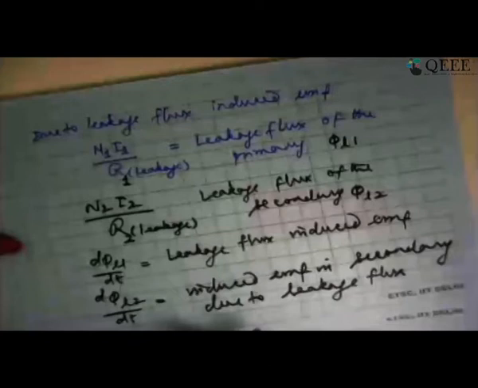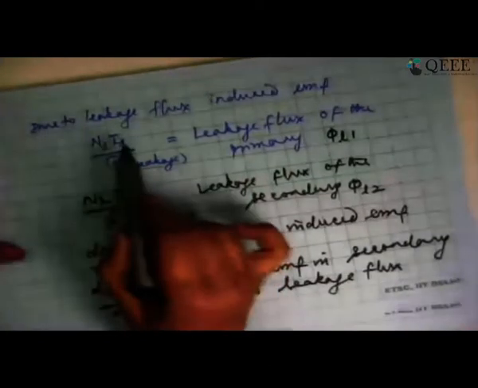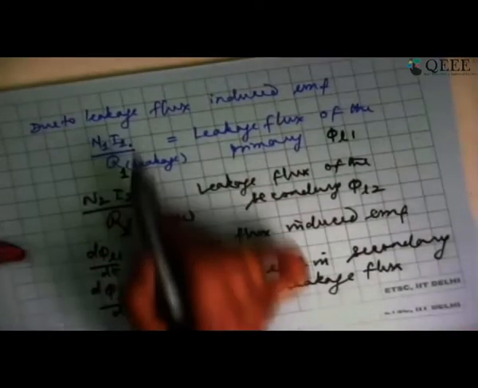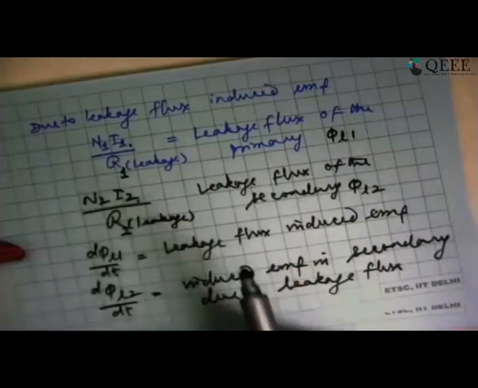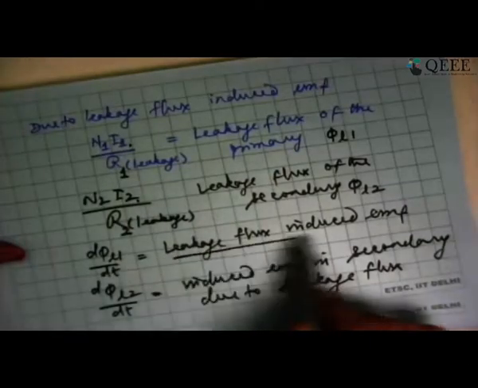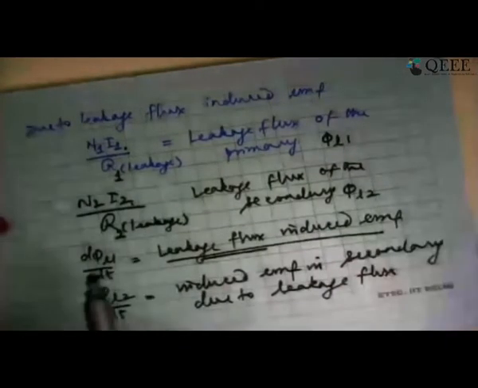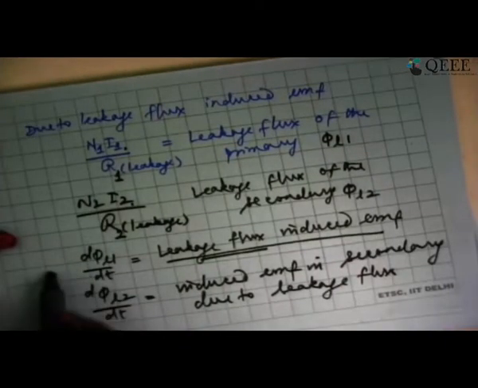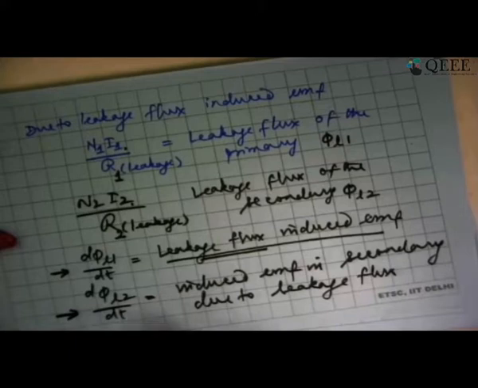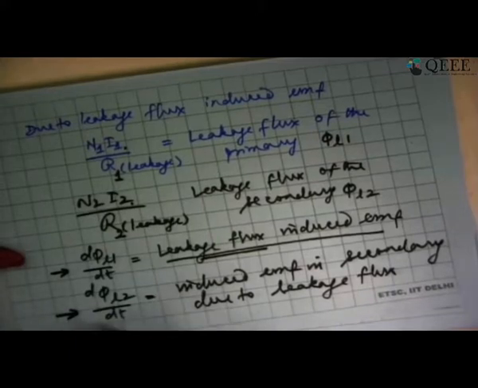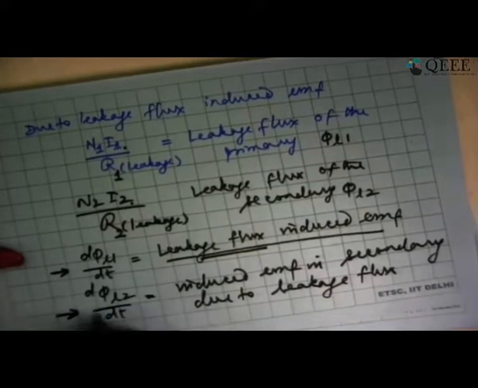So, in general, what I can say is as the current increases either in I1 or I2, correspondingly the leakage flux drop or the induced EMF is going to increase. So what I can do is to represent the primary leakage flux voltage drop, as well as the secondary leakage flux voltage drop, as being proportional to two reactances.